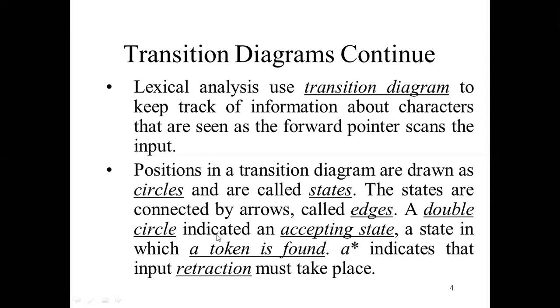A double circle indicates an accepting state, that is, a state in which a token is found. So in the accepting state, we got the token for which we are going to search. A star indicates that input retraction must take place. Input retraction means from that state we can return again to the initial state. If we are returning to the initial state, then it is called the retraction.